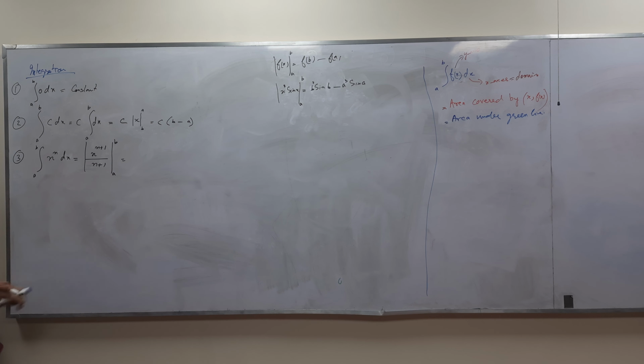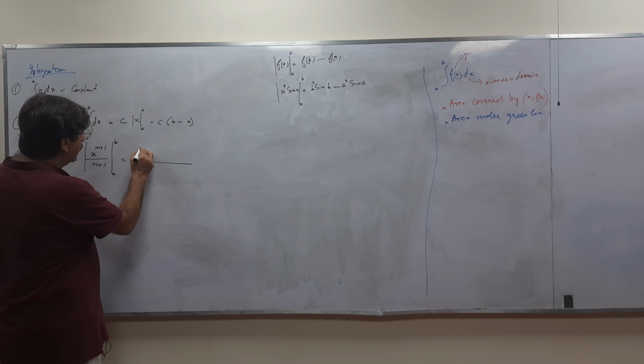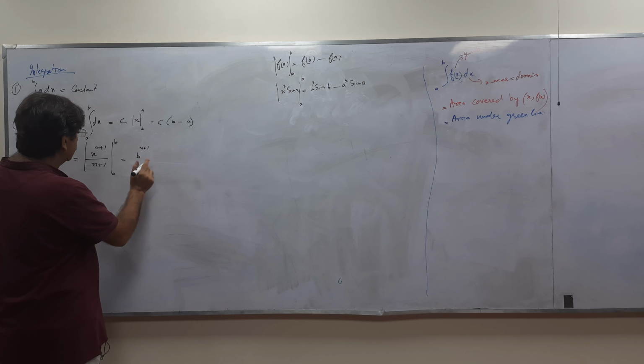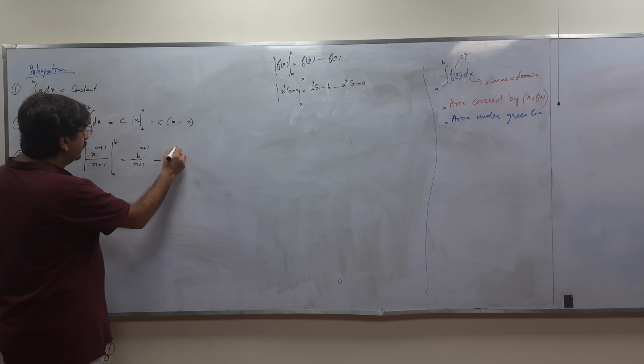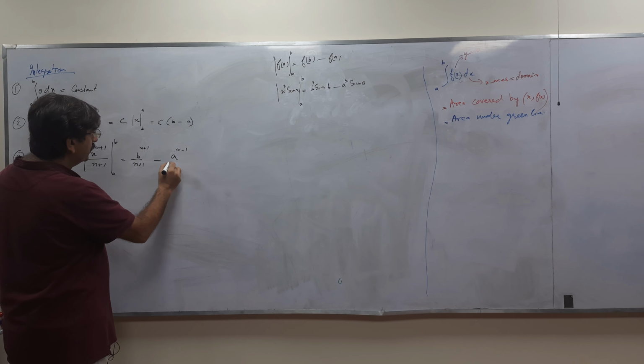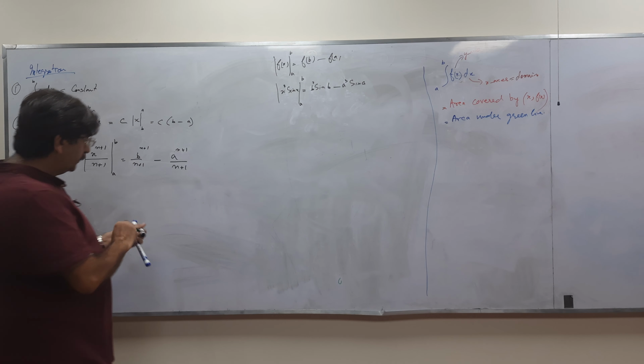And this will be equal to, when we put the value, b to the n plus 1 over n plus 1 minus a to the n plus 1 over n plus 1. The value will remain, but only the x will be changed.